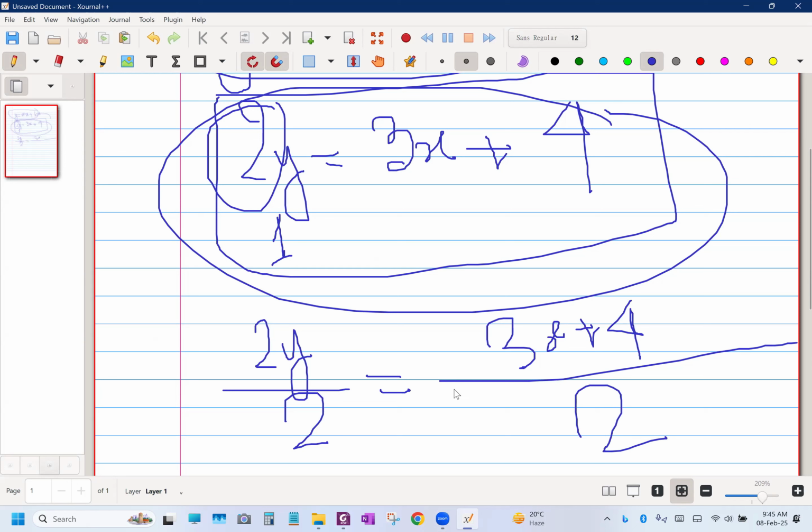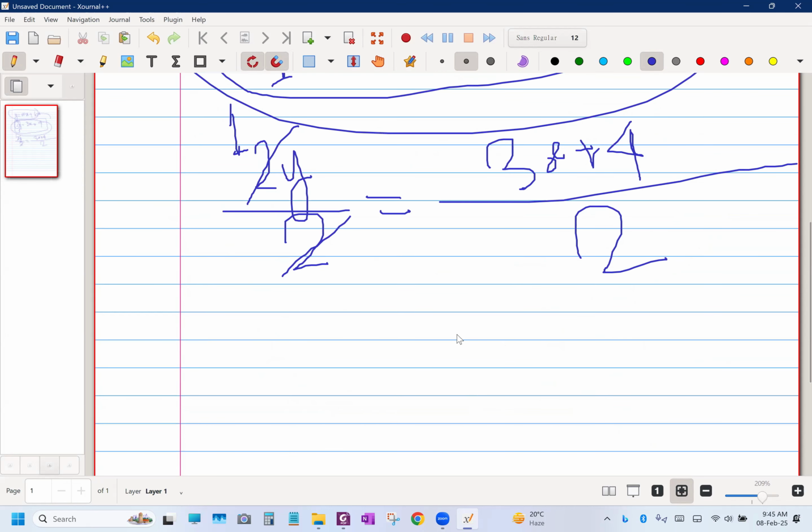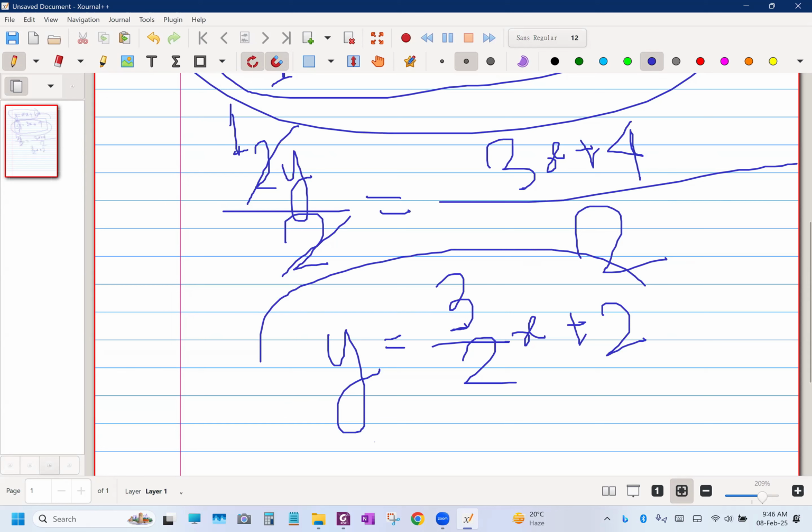This 2 and 2 will cancel out and the coefficient of y will become 1, and this will become 3 divided by 2 x plus 2. Sorry, x plus 4 divided by 2, which is 2. Yes, 3 divided by 2 times x plus 2. This is our desired equation in the standard form, or the slope-intercept form.